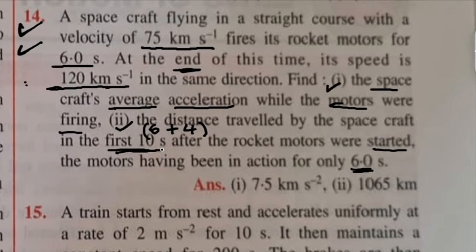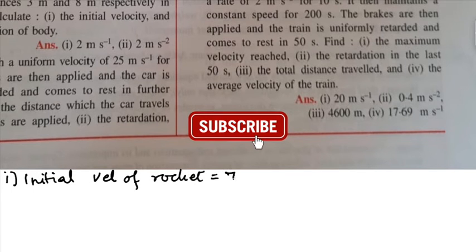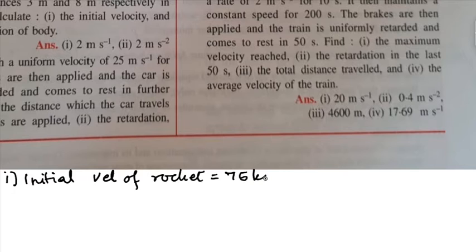We are going to now look at the data. Let us write the data. Let us write the first part. We know that initial velocity of rocket was given as 75 kilometers per second. Now remember, we have to have our velocity not in kilometers, it should be in meters, which means 1 kilometer is 1000 meters.